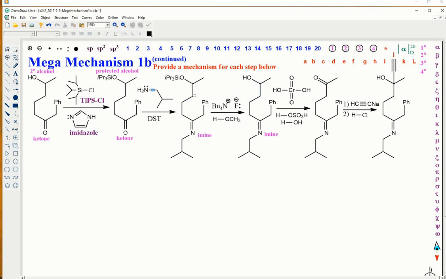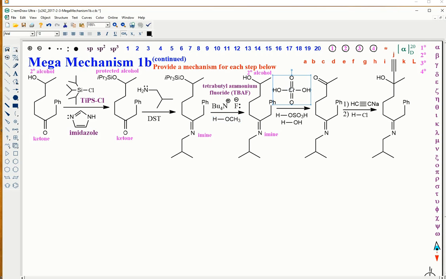The next step involves using tetrabutylammonium fluoride to deprotect the protected alcohol in the presence of methanol, which also serves as a proton source as well as the solvent.